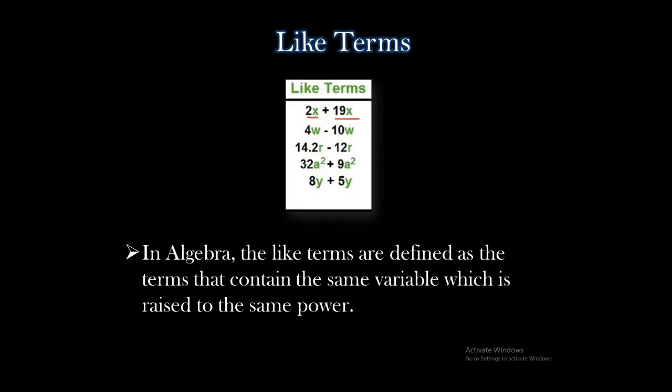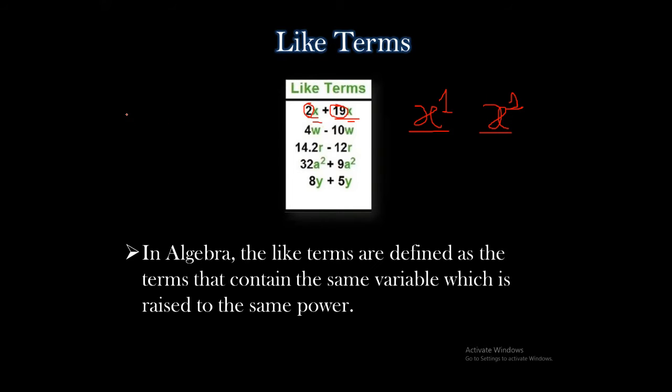We have the same variable, x and x, raised to the same power, which is 1. We don't actually care about these constants, which are the numerical coefficients. They could be different, but we care about the variables.